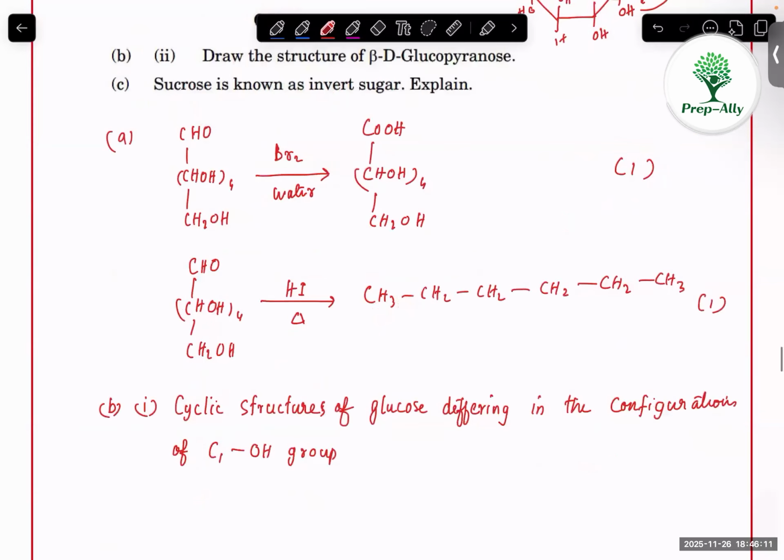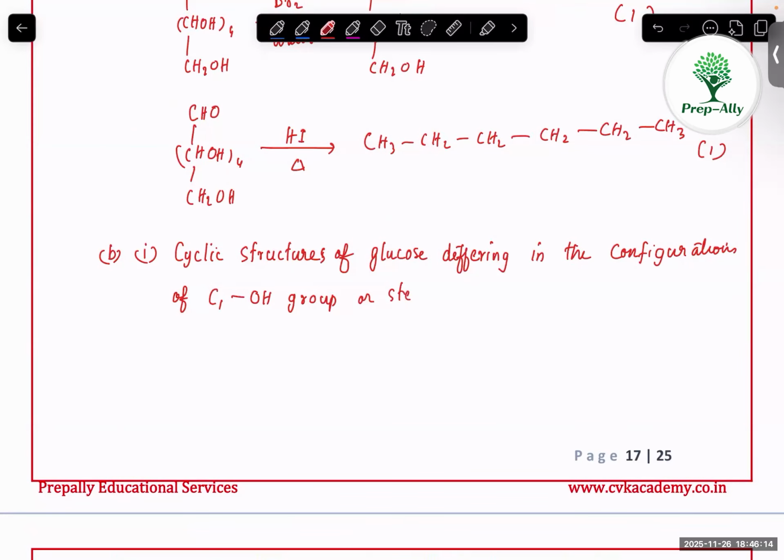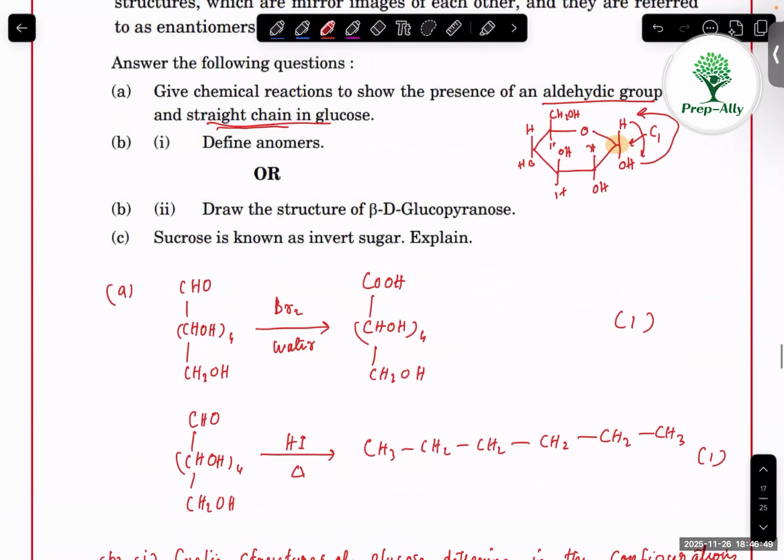Or you can also write stereoisomers differing in configuration of OH at C1, or you can also write C2, because this is also applicable for fructose as well.